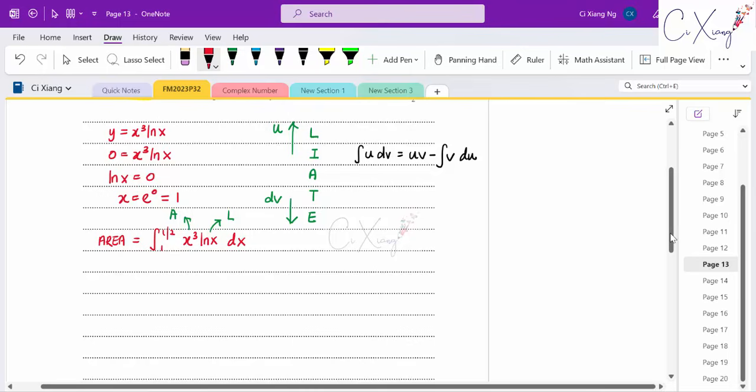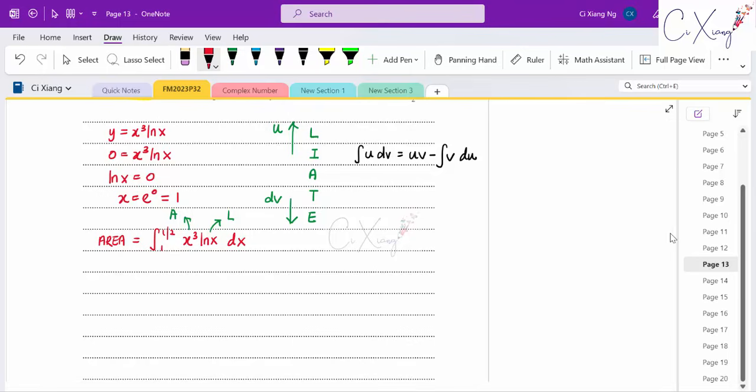I'm having x power 3 and ln x. So you can see x power 3 is algebraic, which is lower, and then ln x is in the higher group. Therefore, when I want to apply integration by parts, I will have u equals ln x, and dv equals integrate x power 3 dx.